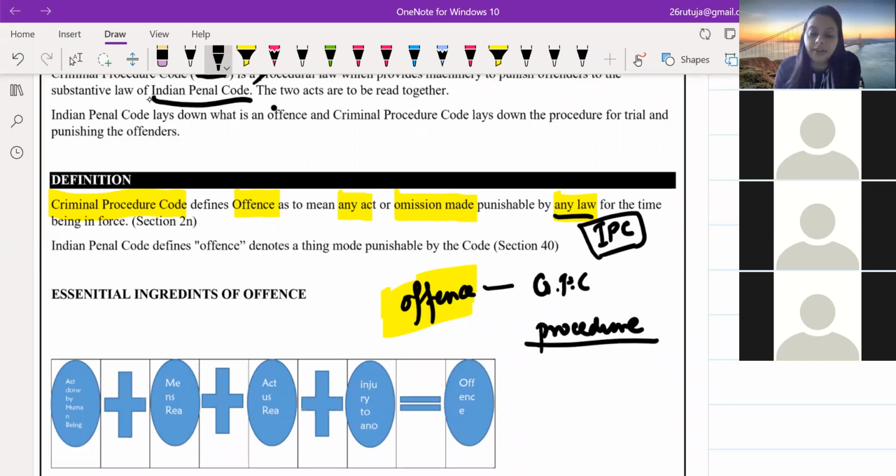Then let's come to the definition of the same term offense under I.P.C. Indian Penal Code क्या कहता है? It denotes a thing which is made punishable by the code. A thing made punishable by the code.